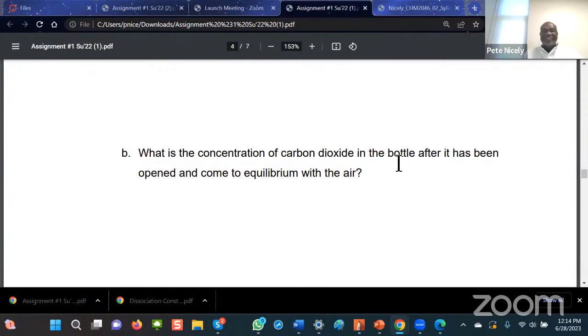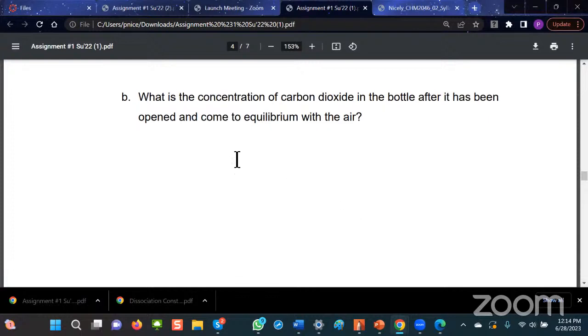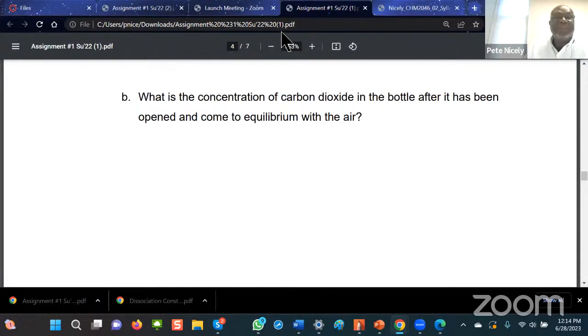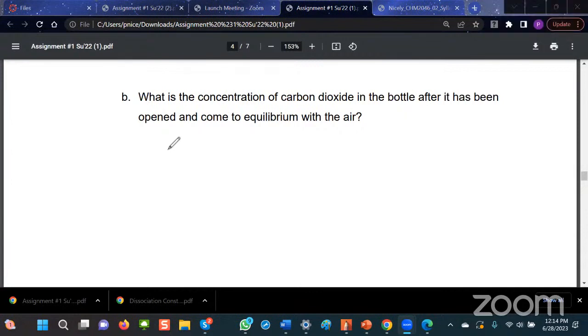So, any ideas as to how we can tackle this problem? You basically just do the same thing as part A, but with the second set of numbers. Okay, so I need you to tell me what to write down. May I see the question, please?